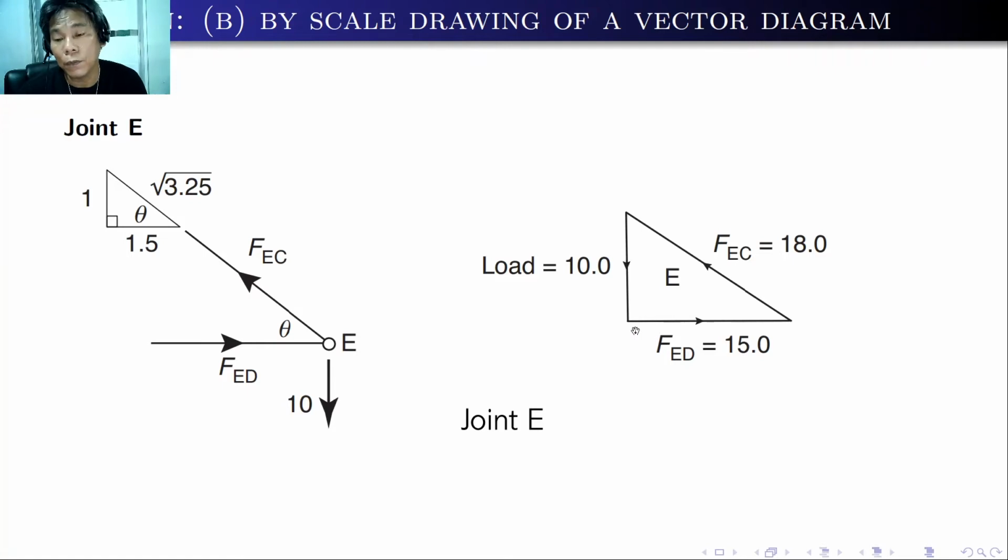Okay, so look for the intersection of the two lines, and after that you can measure this distance, because this represents the force FED. In this case, this is around 1.5 centimeter, which is equal to 15 kilonewton. Also, you can measure from this intersection to the tail of the load 10 kilonewton. That's around 1.8 centimeter times 10, so that's 18 kilonewton.